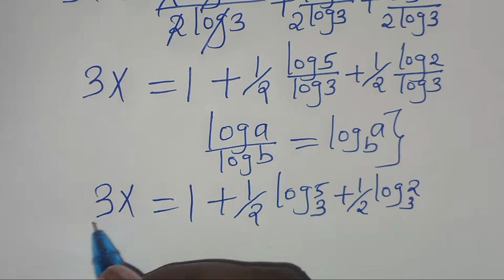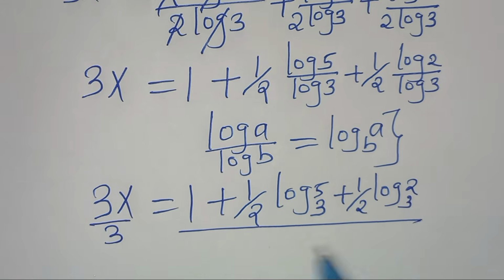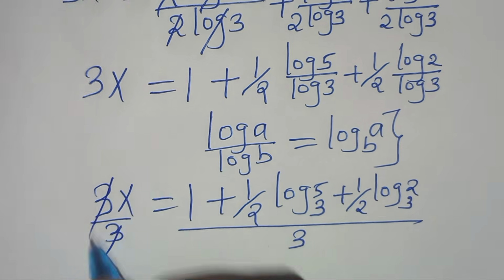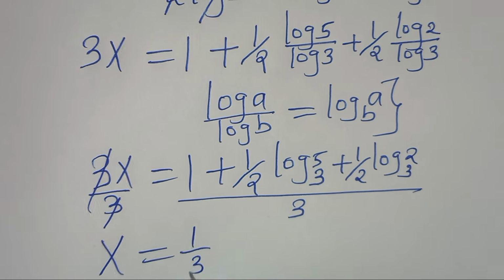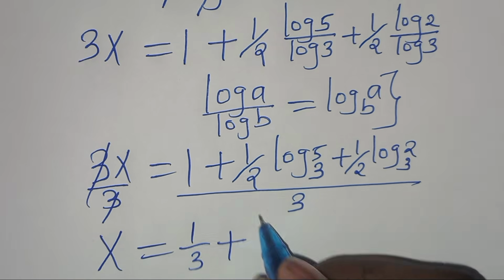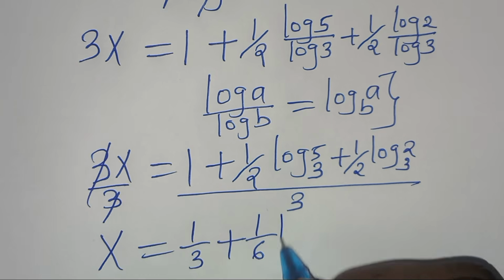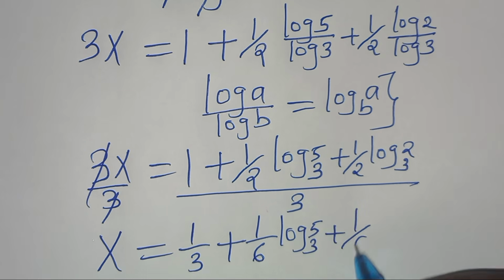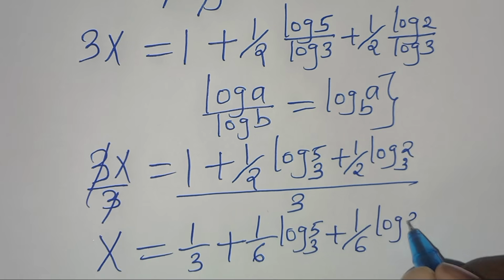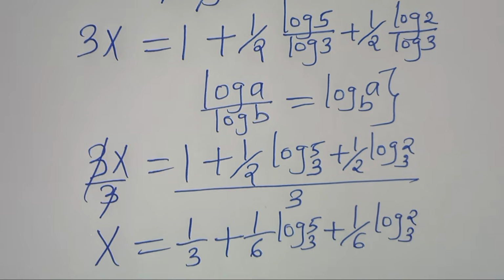So let's divide everything here by 3. And this means that x is equal to 1 over 3 plus 1 over 6 log 5 to base 3, then plus 1 over 6 log 2 to base 3.